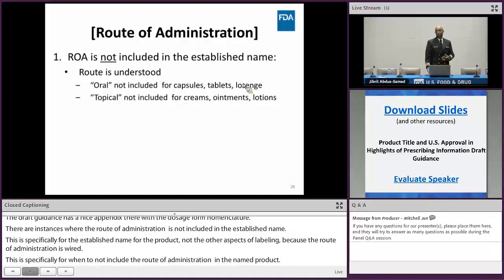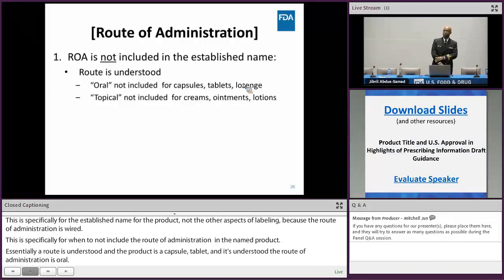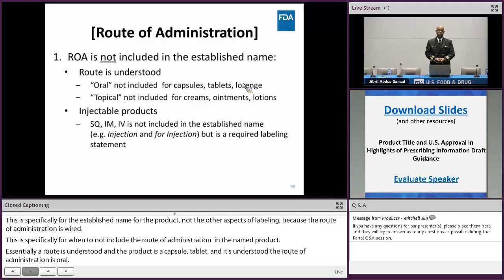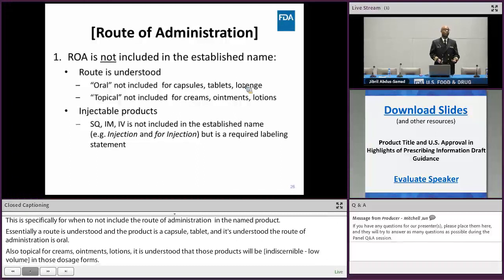Also topical for products like creams, ointments, and lotions, it's understood those products will be applied topically. So we do not have to include the route of administration in those dosage forms. Also injectable products, we include the route of administration in other aspects of the labeling, but not in the name.